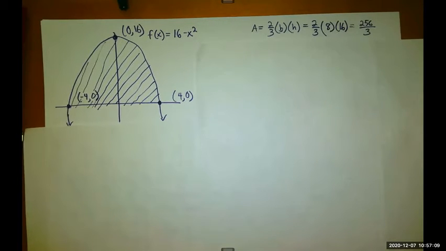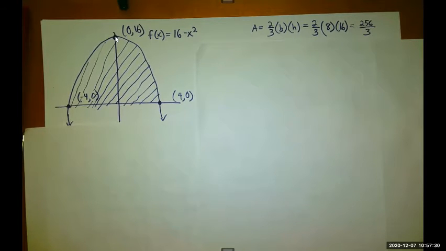It's 2/3 base times height. I don't expect you to memorize that formula. I don't care if you think about the formula after this moment in time, but just know that that formula finds the exact area of that shape. So the base is horizontally along the x-axis from -4 to 4, 8 units. The height is the y-axis up to 16.